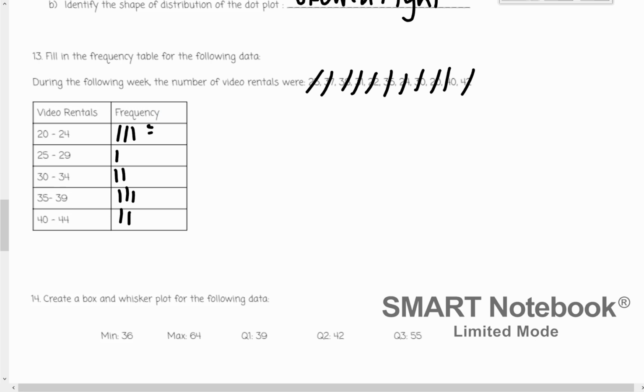Then we'd add up those tallies. So we have 3, 1, 2, 3, 2. And that's how we do a frequency table. We just start organizing that data into intervals and how many times we have numbers within those intervals.